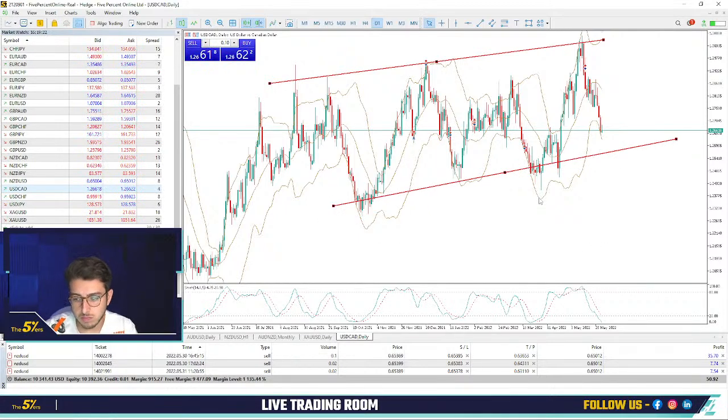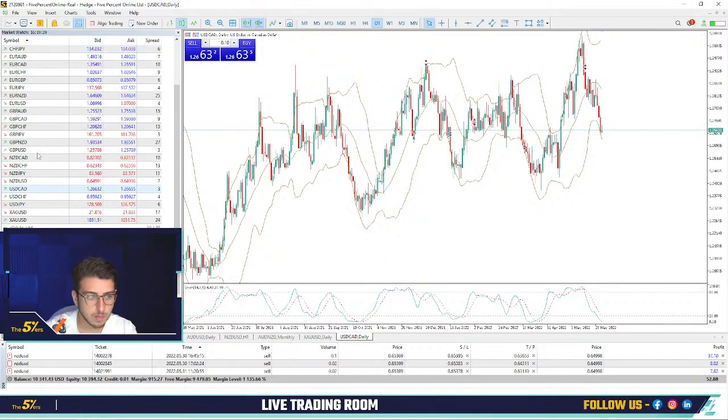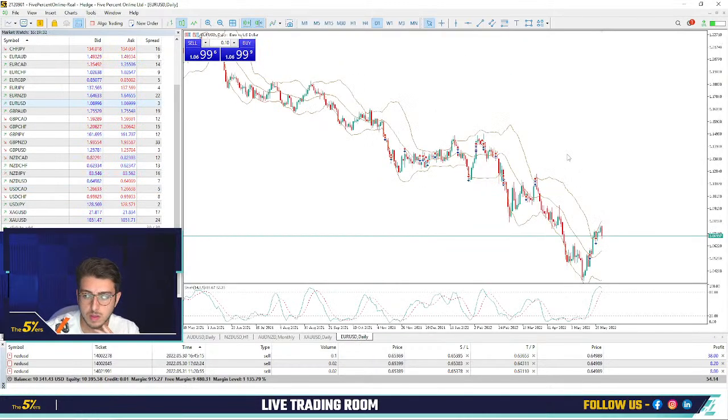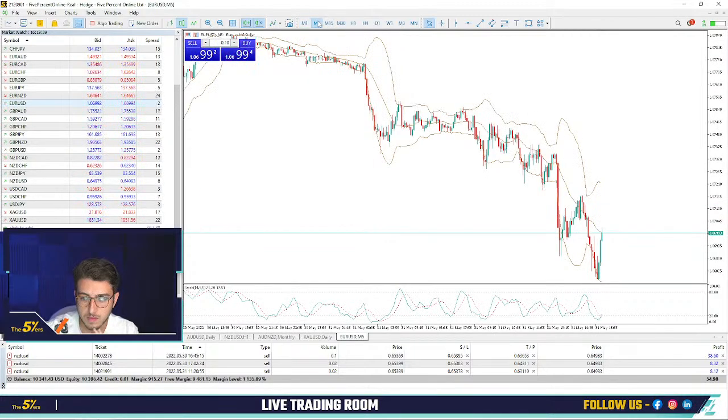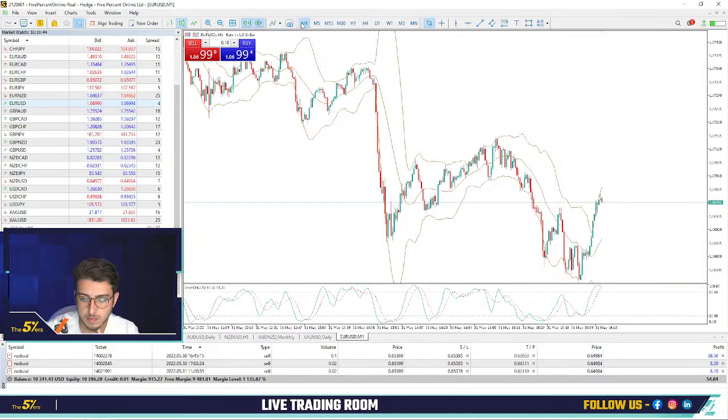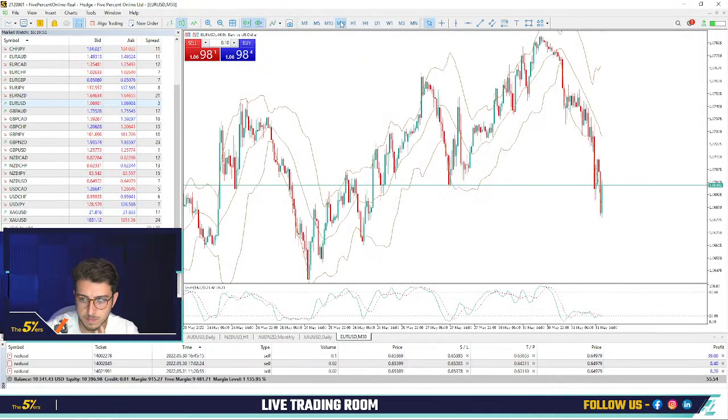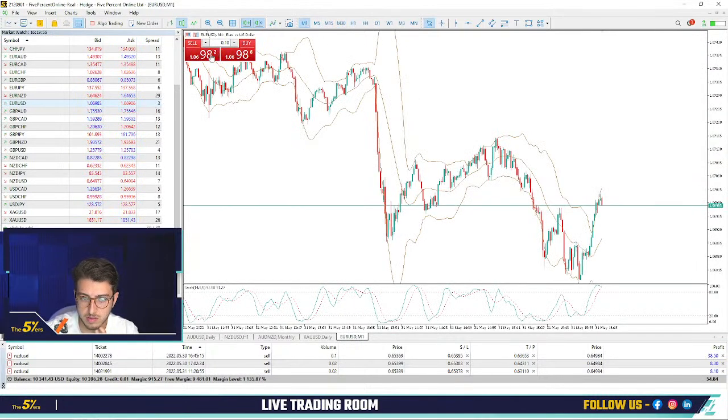So we should give some space to the dollar CAD again. Maybe we should find some spot to make a scalp here at some point. Yeah, this can be nice to short on the short term as well. Yeah, breakout, retest. That can be nice.